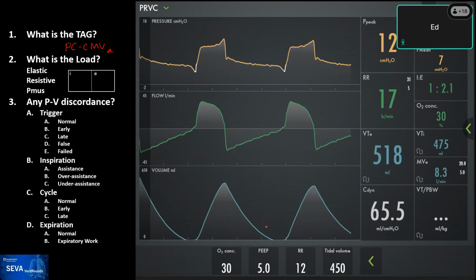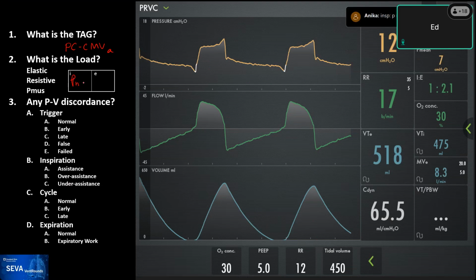Okay? So now what is the load on this patient? Is it elastic, resistive, or Pmus? Excellent. Yeah, it's pure Pmus. Really good.